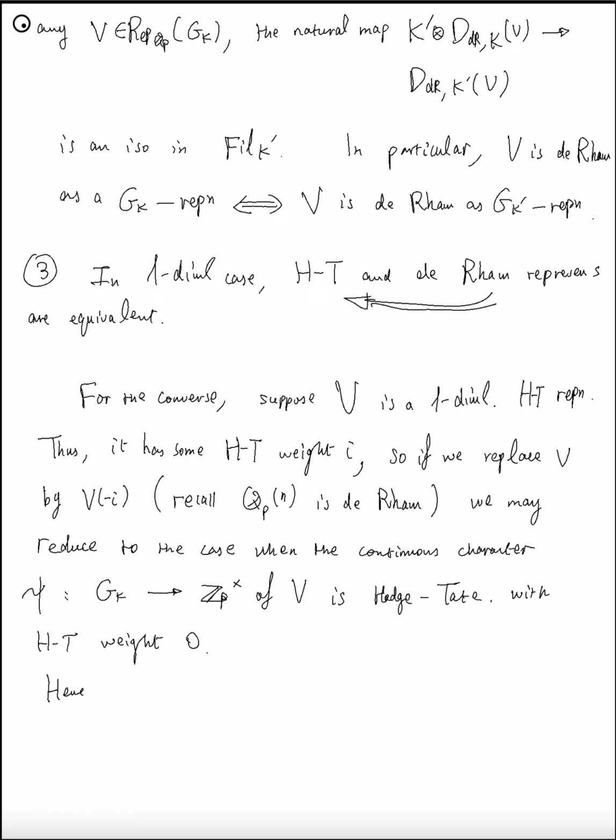Hence, this is telling that the fixed point of this one-dimensional representation tensor C_K, the fixed point under G_K, is non-zero.